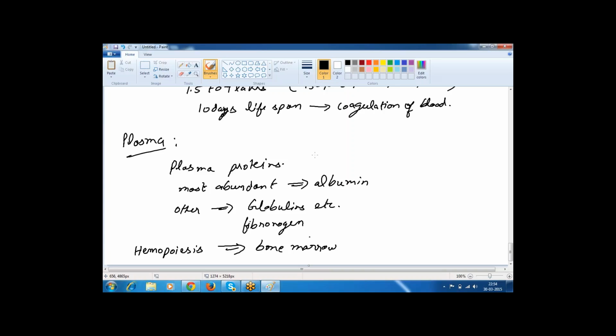B lymphocytes, they're formed in bone marrow and they undergo maturation also in bone marrow. Whereas T lymphocytes, they're formed in bone marrow but they undergo maturation in thymus.